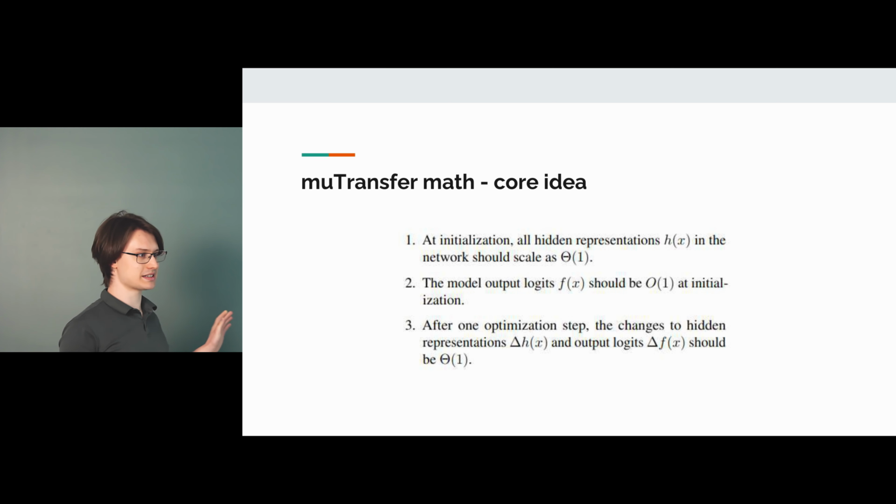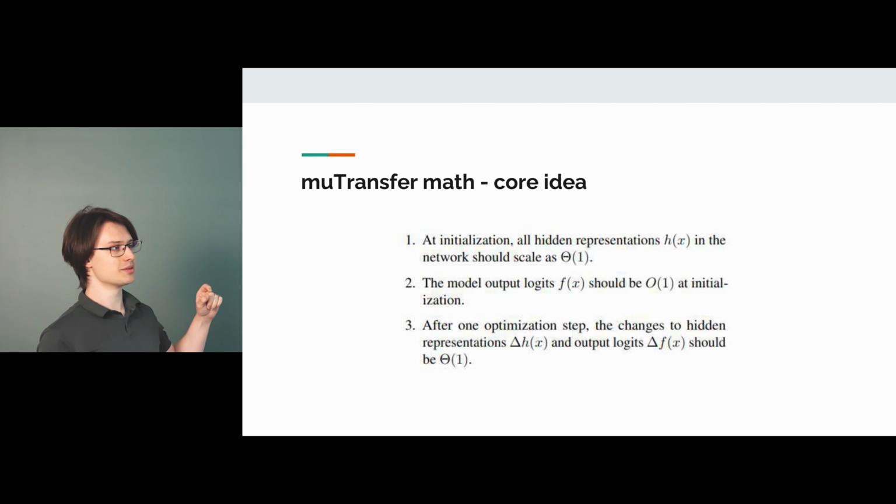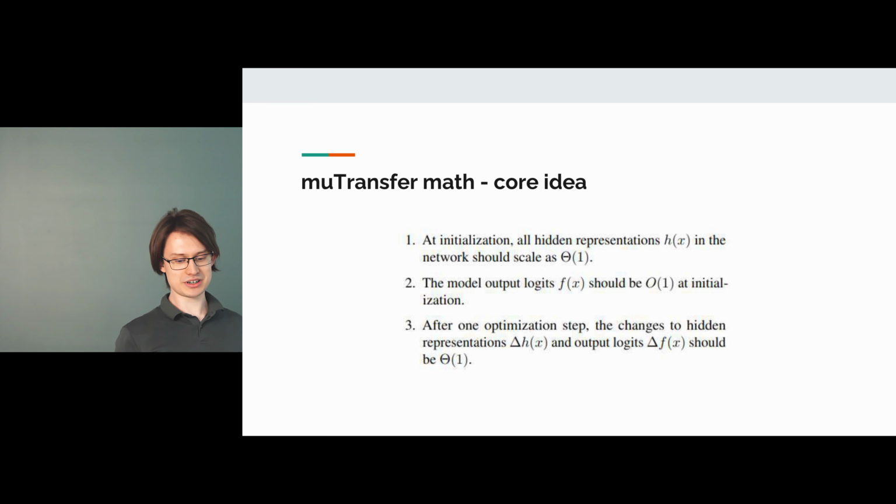As the vector goes through the model, the individual entries in the activation vectors don't blow up to infinity as the model grows, or diminish to zero. The second most important part is that they update, and this update also shouldn't diminish to zero, but also shouldn't blow up to infinity. So we have learning, but it doesn't diverge.